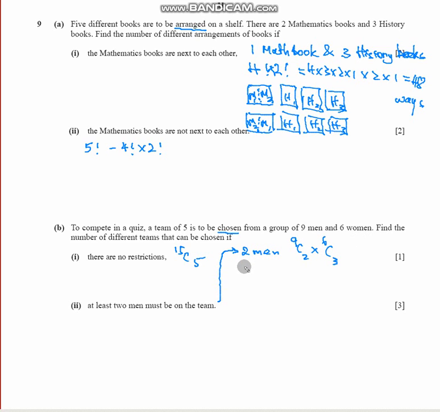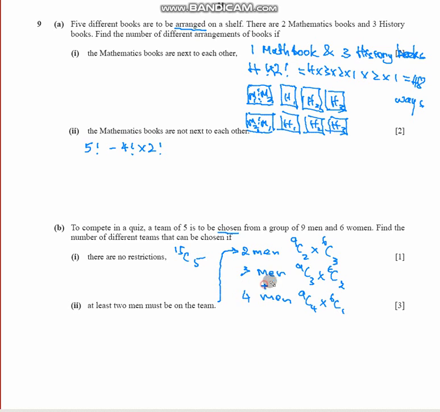Then you have 3 men, so it's 9C3 times 6C2. Then 4 men, 9C4 times 6C1.